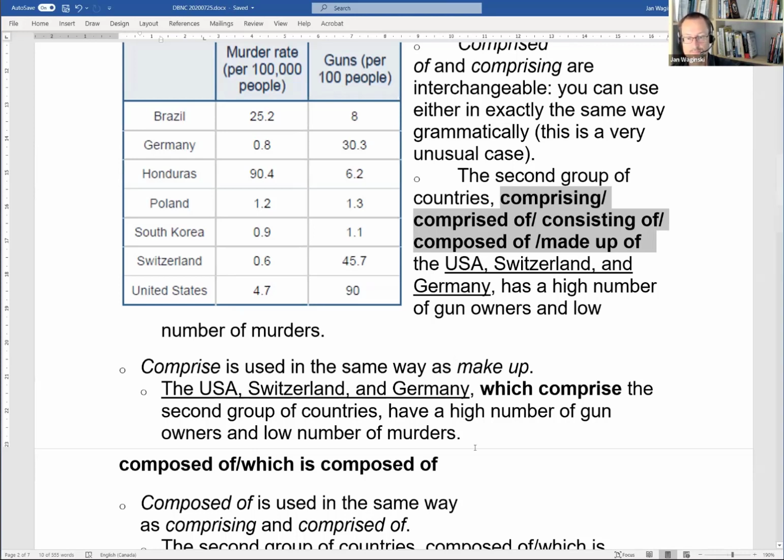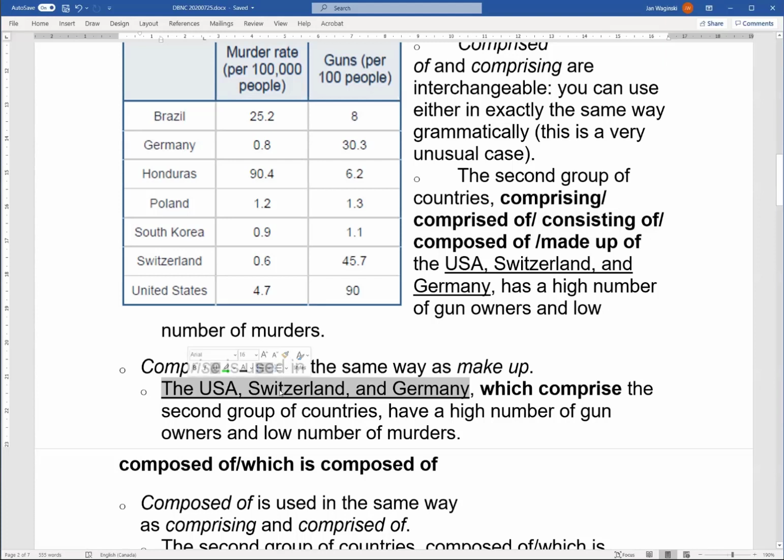You've got a mix here. Now let's look at what happens in the other situation where you're starting with the items in the category first. The USA, Switzerland, and Germany, which comprise the second group of countries, have a high number of gun owners and low number of murders. Is there anything we could use here instead of comprise?